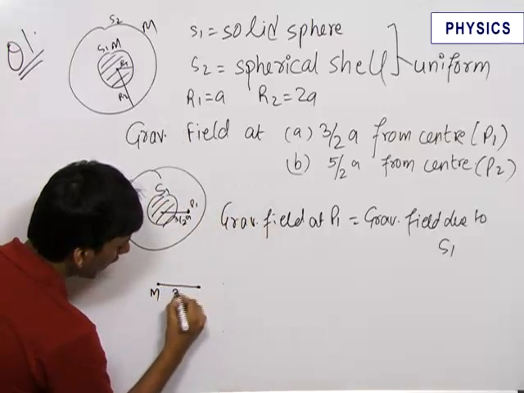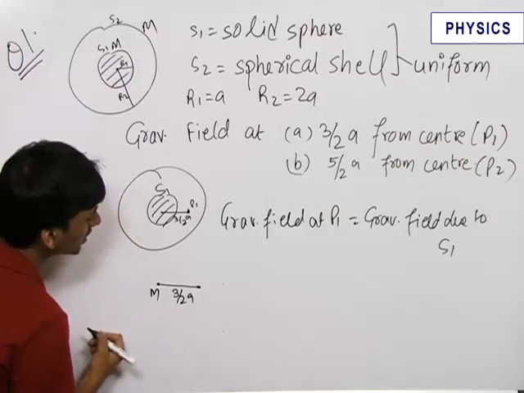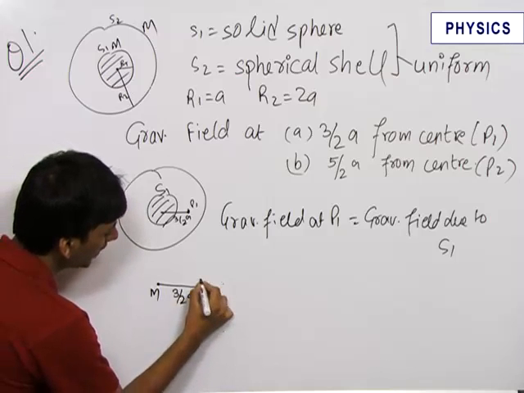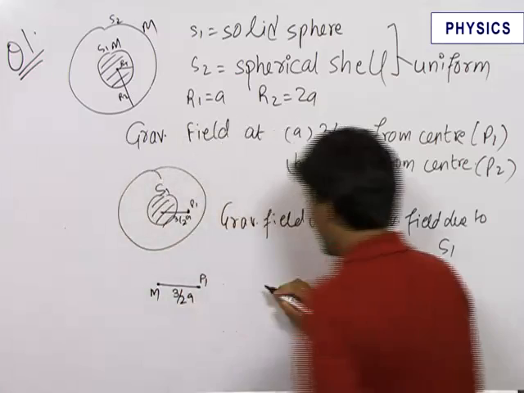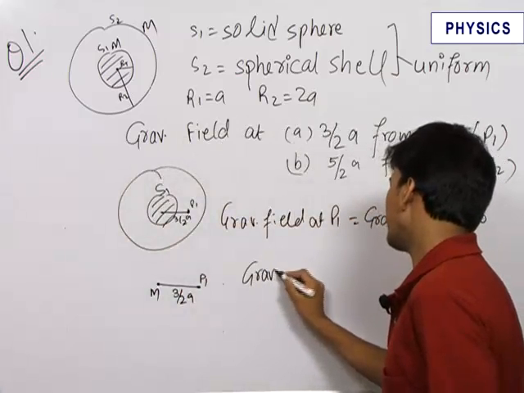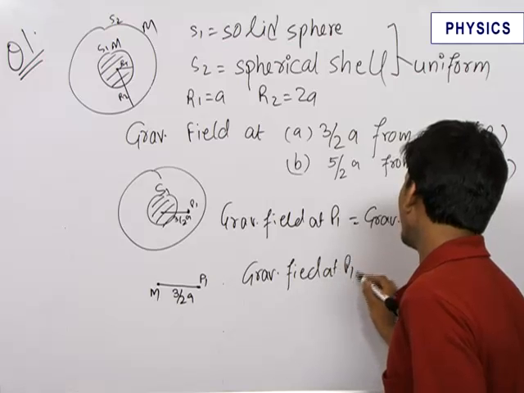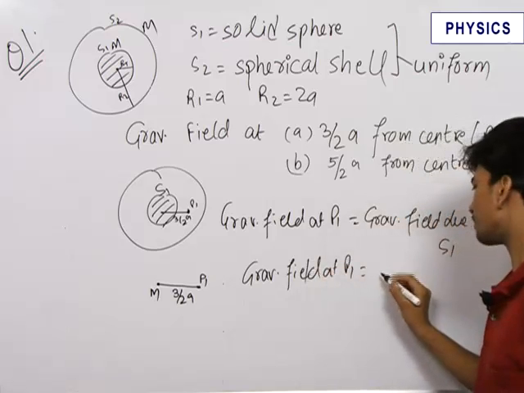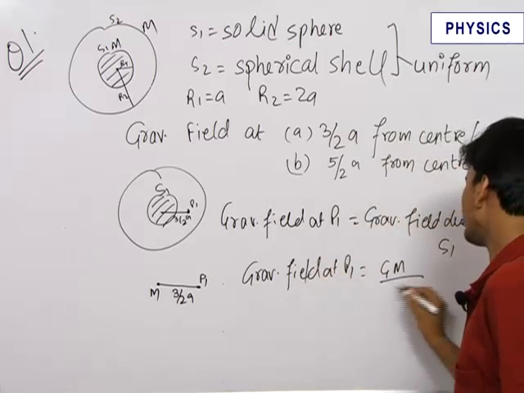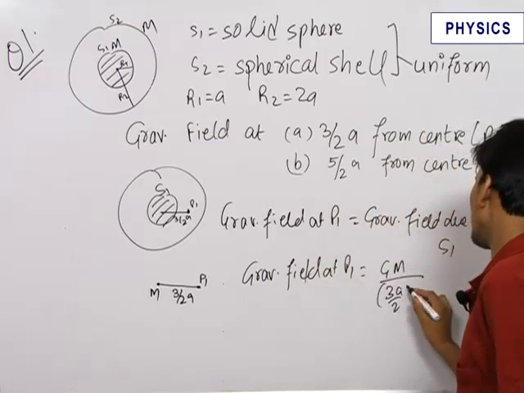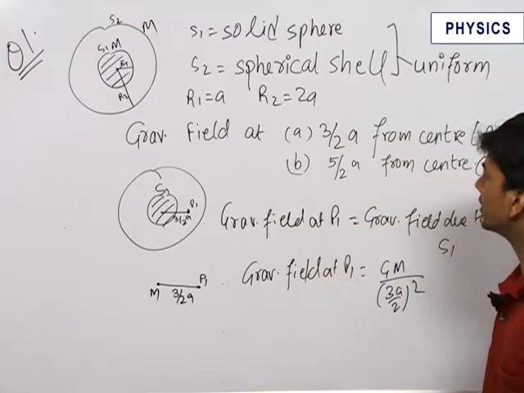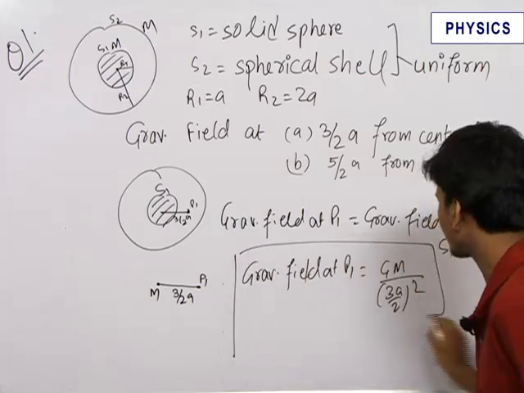So we need to find out the gravitational field due to this mass at a distance 3 by 2a from it. Therefore the gravitational field at P1 is equal to Gm upon (3a by 2) whole square. This is our answer for the first part.